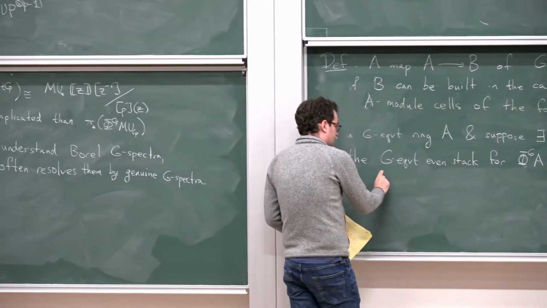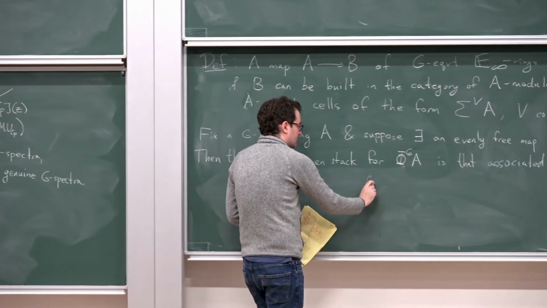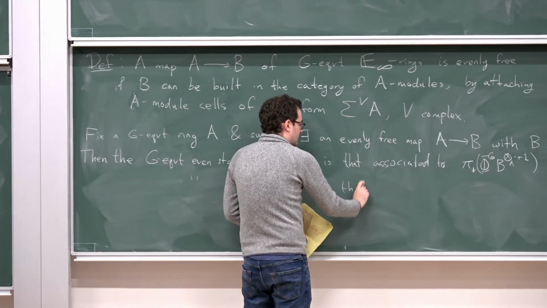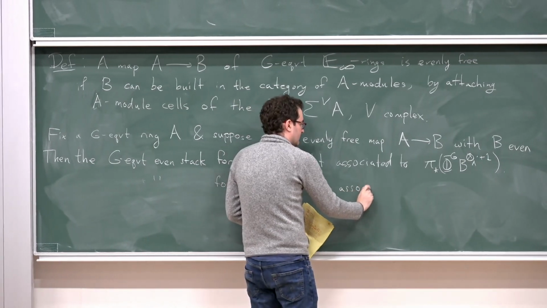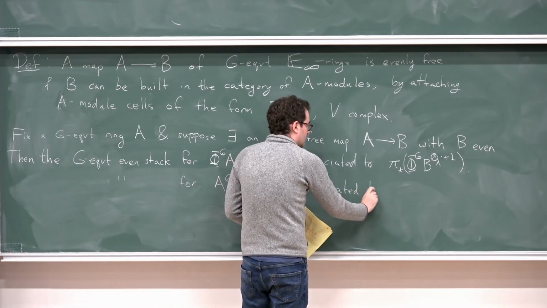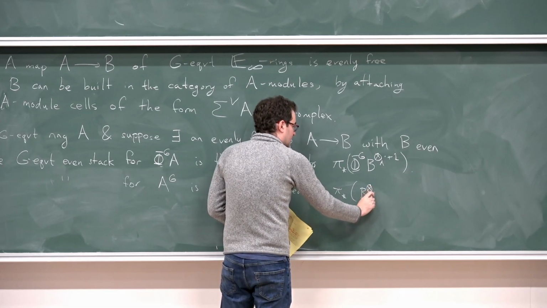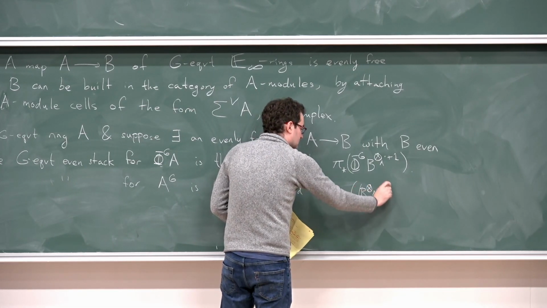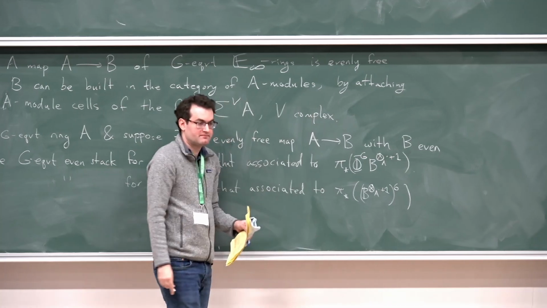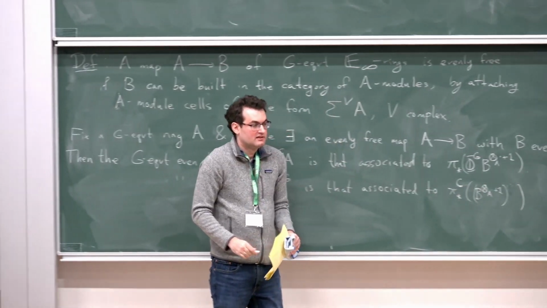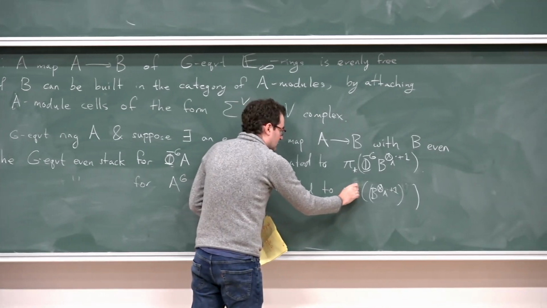And the G-equivariant even stack for the genuine fixed points is that associated to π_* of the fixed points of B tensor, bullet plus 1. In other words, maybe I should be writing this. So what do I mean here?